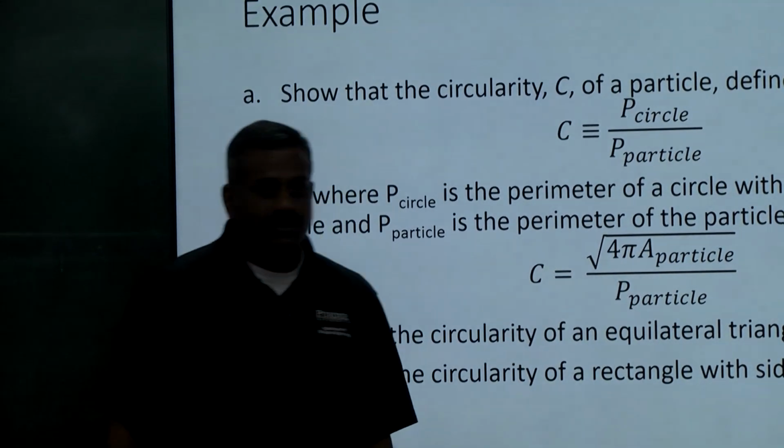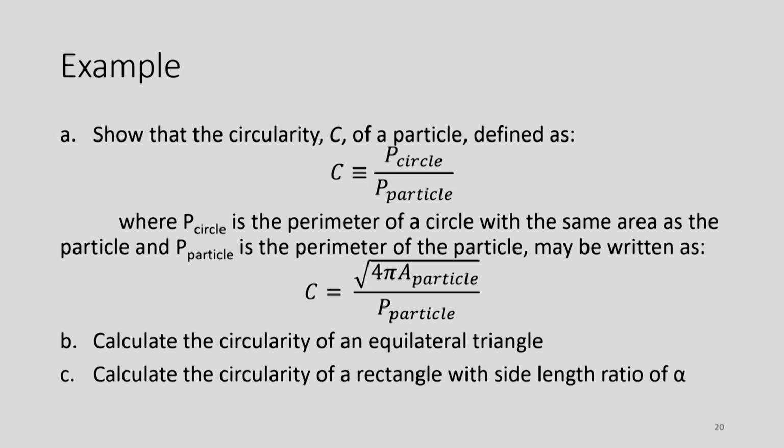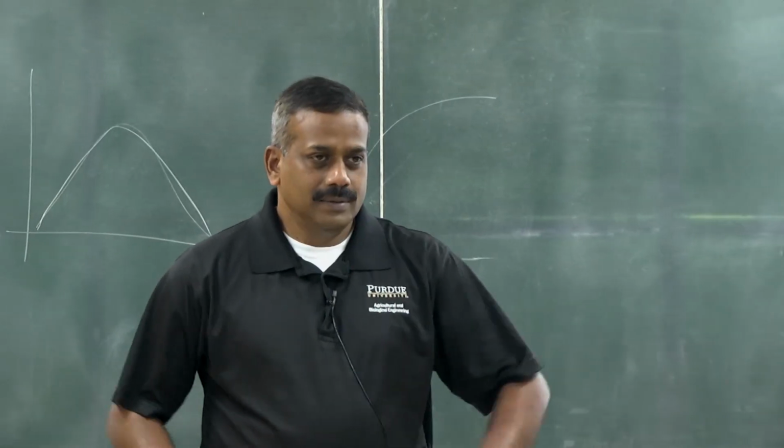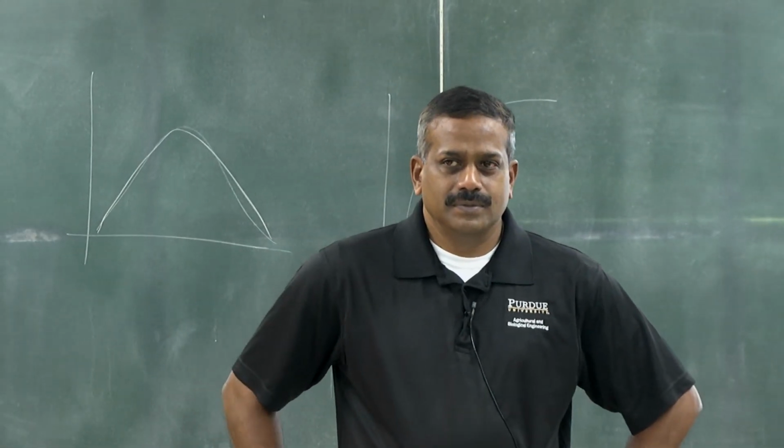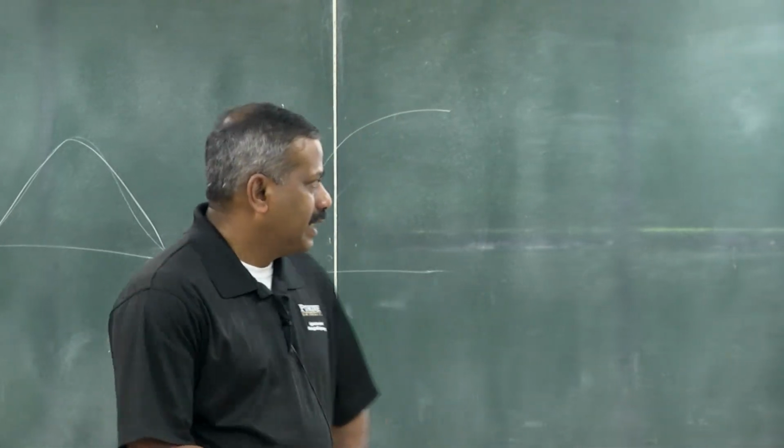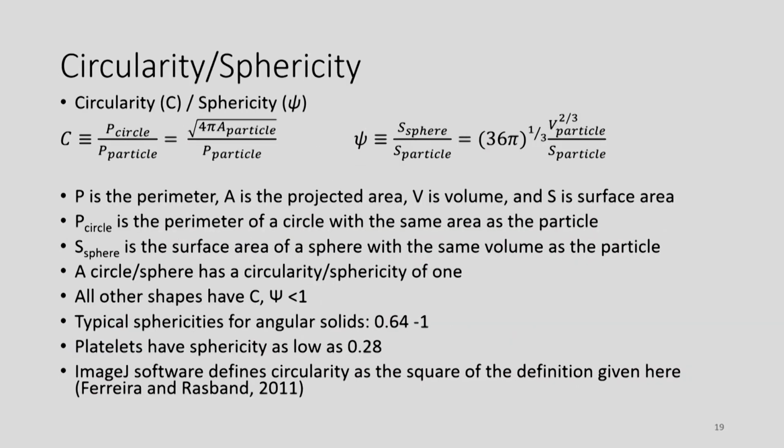That's a simple derivation of the formula, you can ignore that. But can you calculate the circularity of an equilateral triangle? Do that calculation. The circularity formula is perimeter of circle over perimeter of the particle.